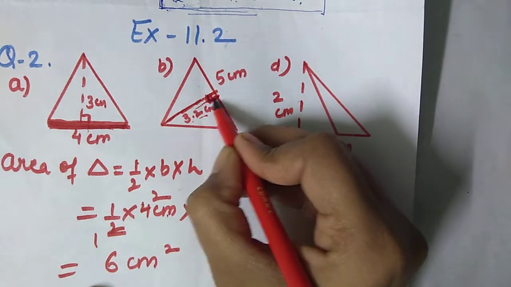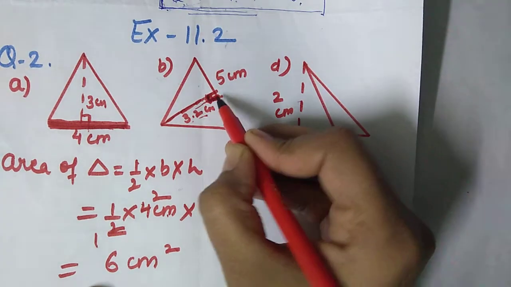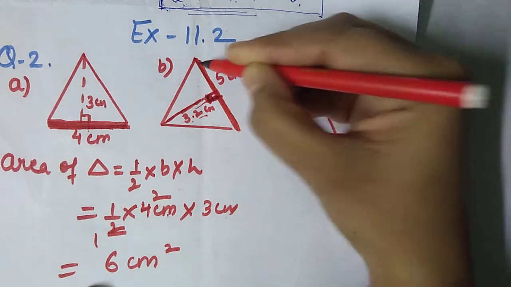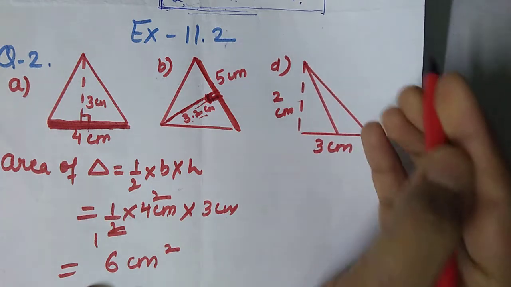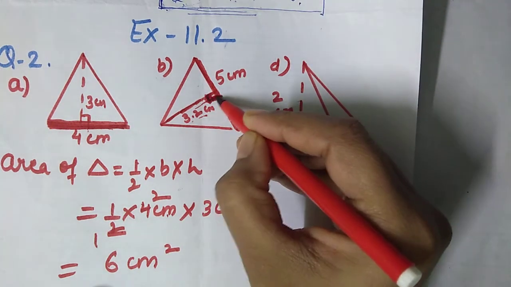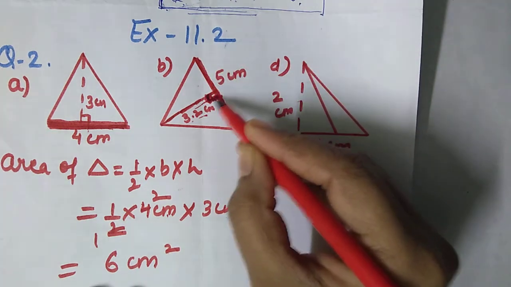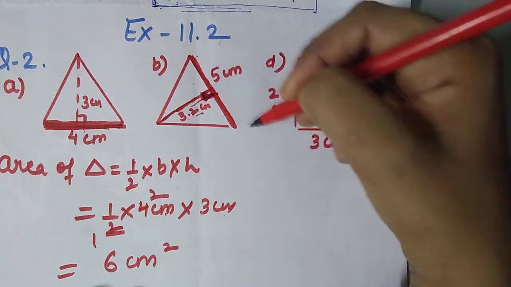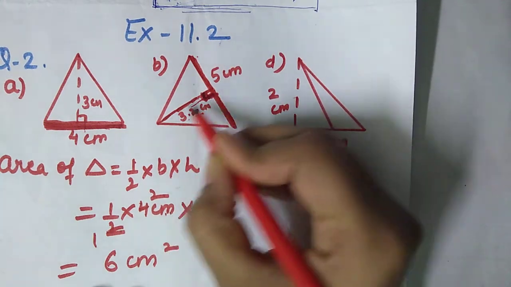Here the angle is 90 degree and it is forming on this side. Where the 90 degree drops, that will be the base of the triangle. So on this side there is a formation of a 90 degree angle, so this is your base and this is height.